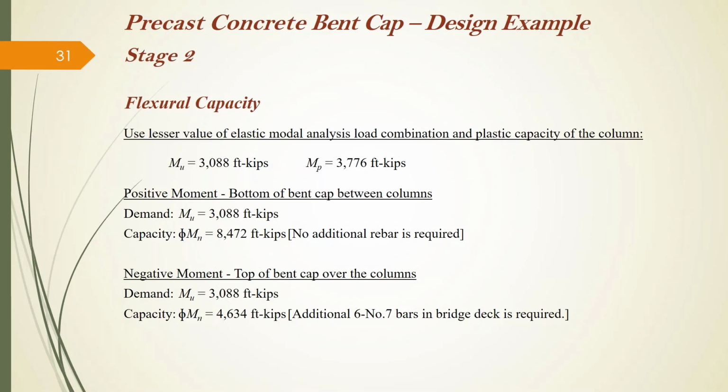Again, analyzing the section that we had, we realized that there's no need for any additional rebar at the bottom for the positive moment regions, and for the negative moment regions, we need to add 6 additional number 7 bars in the bridge deck and within the zone of the cap beam that we are designing to meet the demand that we are facing. Next slide, please.